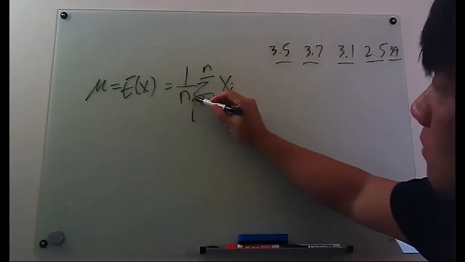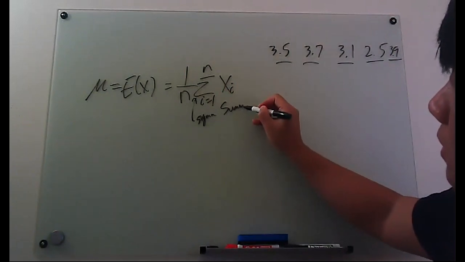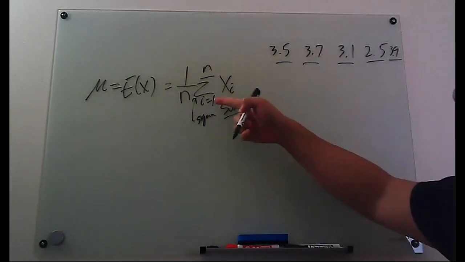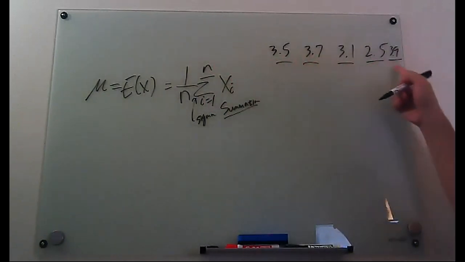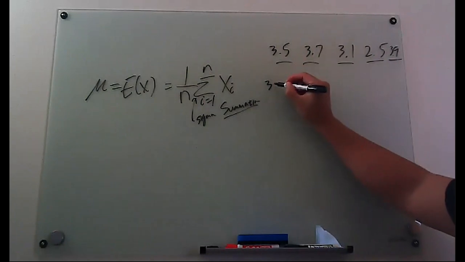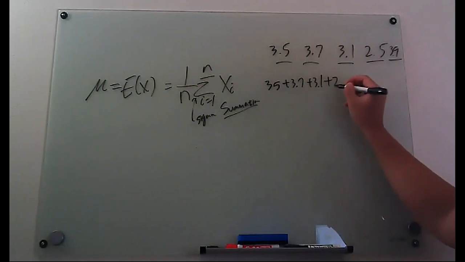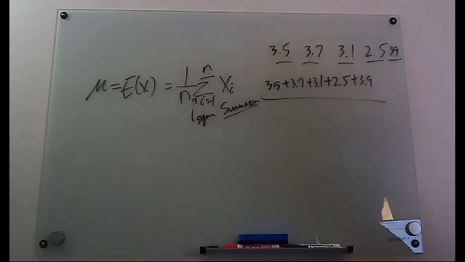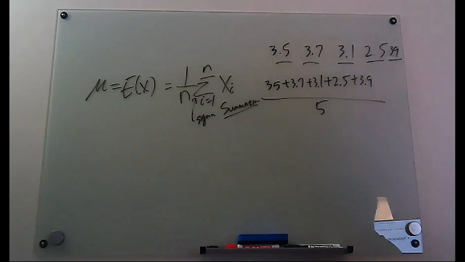This is sigma, the summation notation, so you are summing from i equals 1 to n. How many do we have? 1, 2, 3, 4, 5. You add up 3.5 plus 3.7 plus 3.1 plus 2.5 plus 3.9, and how many n do we have? 5, right? Divide by 5. This is how you get the population average.